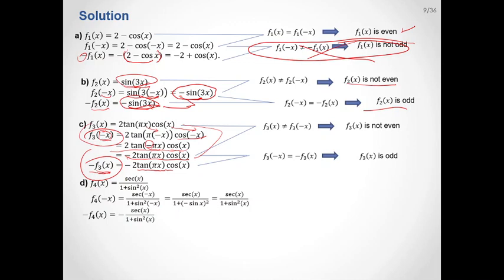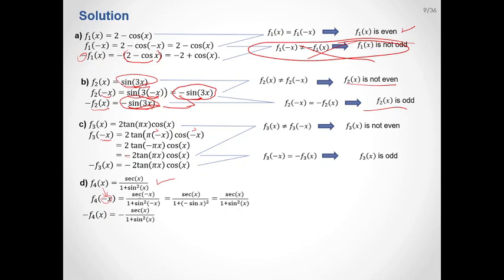And in this case, we say it's odd, not even. Now, when it comes to f sub 4, first we write f of x, then f of minus x, so you just replace x by minus x in the formula, so you have secant of minus x over 1 plus sine squared of minus x.